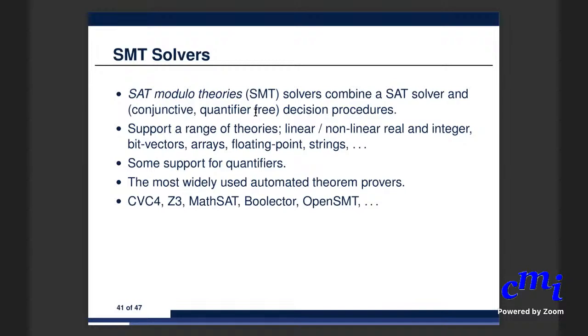Because they do validity and satisfiability, you can interpret it as no quantifiers or just one quantifier at the outermost level. It usually does not allow alternating quantifiers. Have I made that clear?